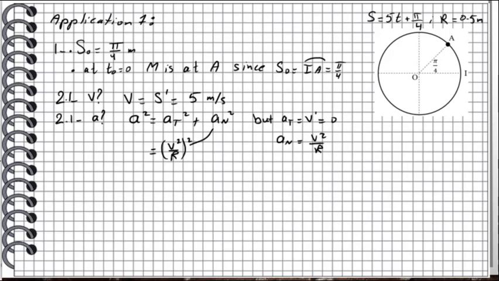This is the answer of a normal. And then a, without a square, will be a normal, v square over r. And I can justify that since the motion is uniform circular, then a equal a normal directly, without these steps. 25 divided by r, which is 0.5, then the answer will be 50 meter per second square.